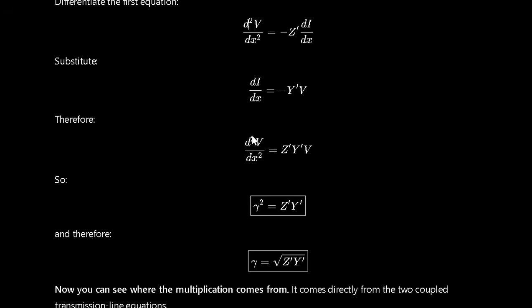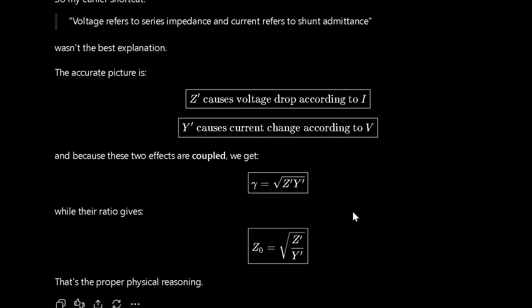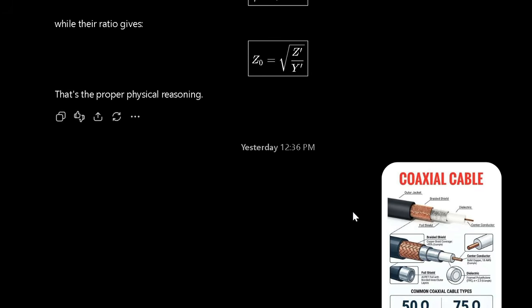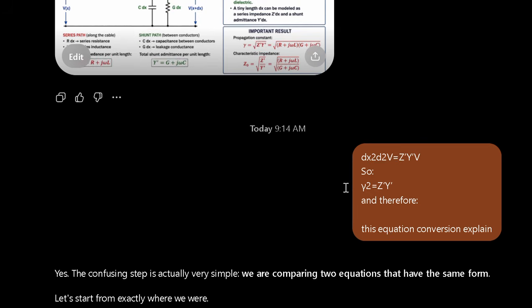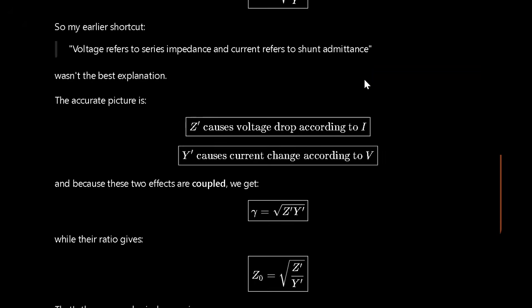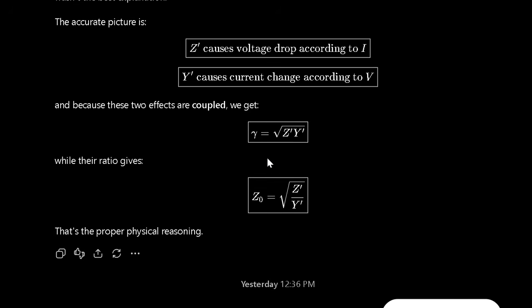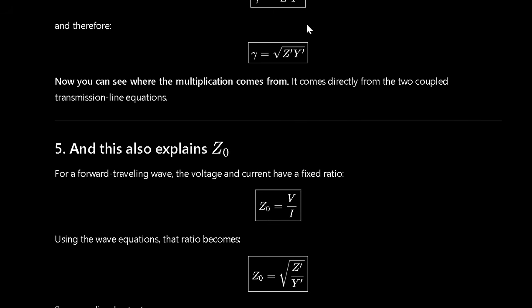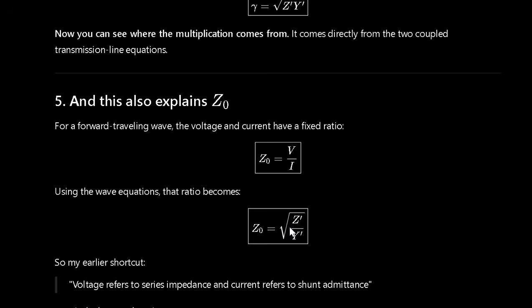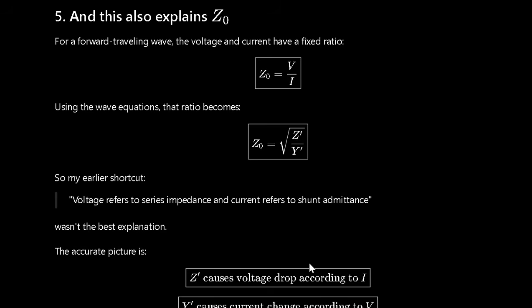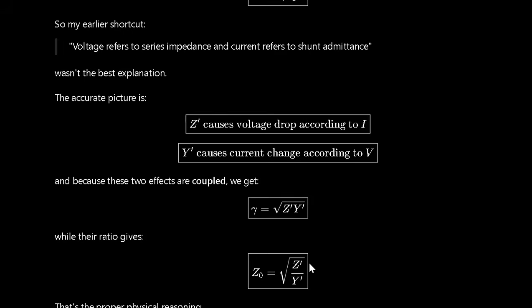Here you can see how this converted to gamma. We will have the explanation here. Before that, we will see why we get gamma equals root over Z by Y. For impedance, if we follow the same process, we get root over Z' by Y'. Just remember that.